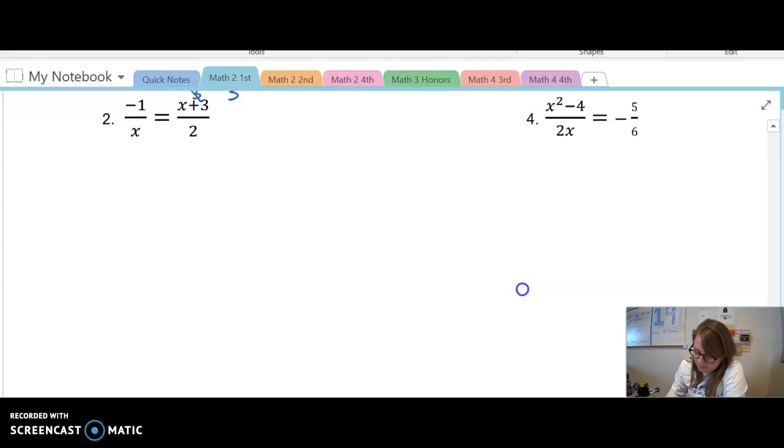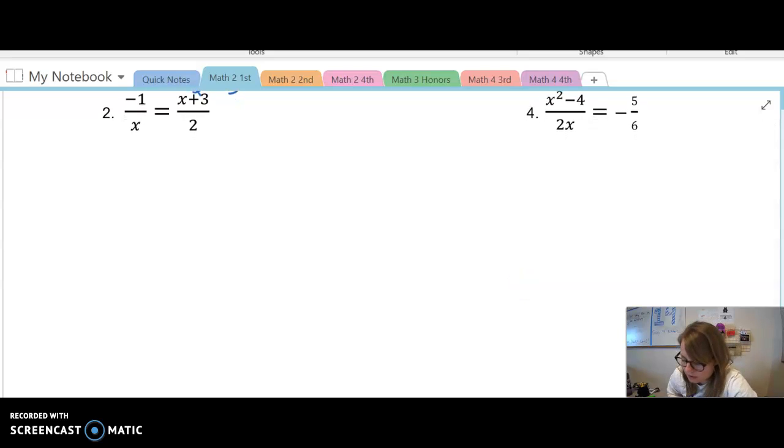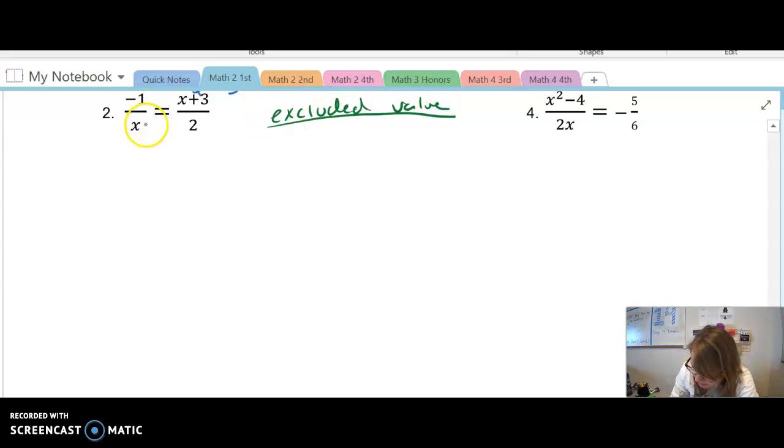We have this one: negative 1 over x equals x plus 3 over 2. Alright, let's find those excluded values first. We only have one denominator with a variable, so I set it equal to 0. x equals 0, so whenever x equals 0, that is an excluded value, and we cannot get x equal to 0 in the end.